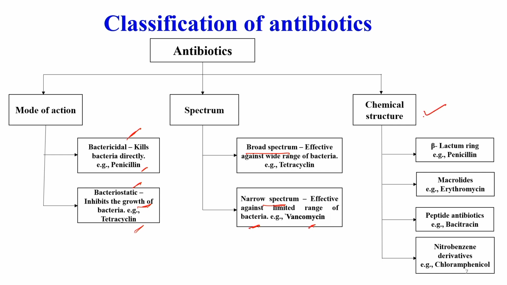Further, based on the chemical structure, one can classify them as beta-lactam ring, penicillin; macrolides, erythromycin; peptide antibiotics like bacitracin; and nitrobenzene derivative like chloramphenicol.